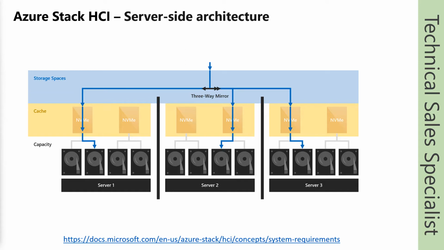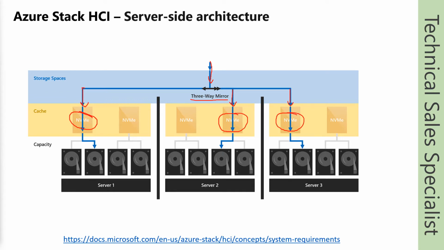But storage spaces direct has an algorithm, I already mentioned this, where we have a redundancy across the servers. This means, as we can see here in the 3-way mirror, the data is written in 3 copies on 3 different drives on 3 different servers. This means that also the cache is redundant, as we can see here. It's written here, here, and here.